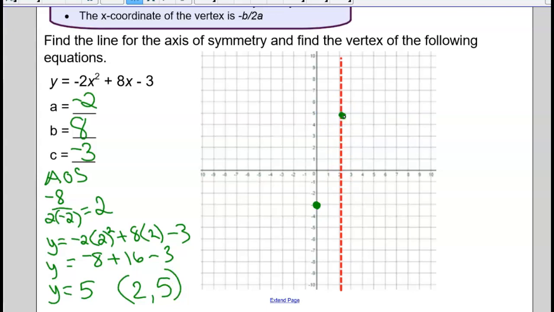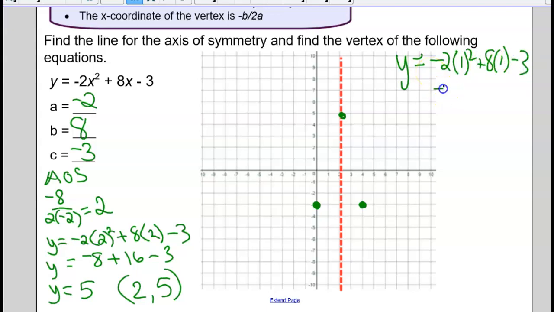Now I can find another point on my parabola. My y-intercept is 2 units to the left of the axis of symmetry, so there's another point 2 units to the right of the axis of symmetry. All right, and let's find some more points on this parabola. Let's see what y is equal to when x is 1. Negative 2 times 1 squared plus 8 times 1 minus 3.